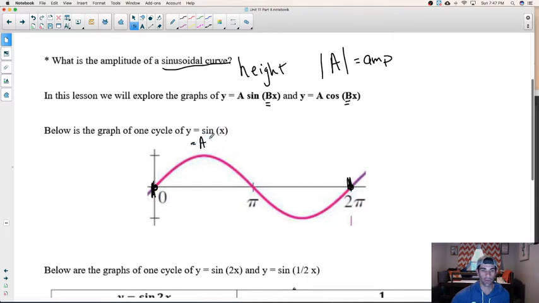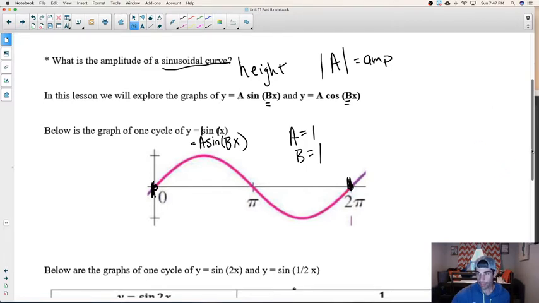So if I throw in what we have up there, the amplitude here was 1, because there's that imaginary 1 here. And the b value is 1 also because there's an imaginary 1 next to the x. So there is where the b falls into place right there.